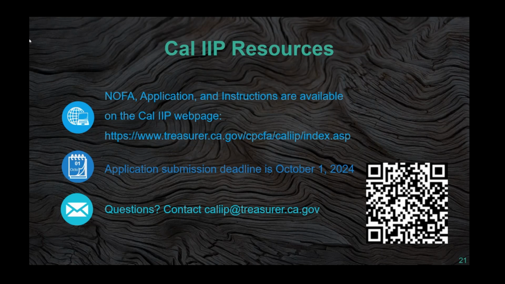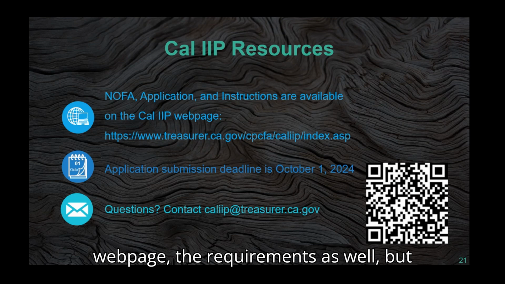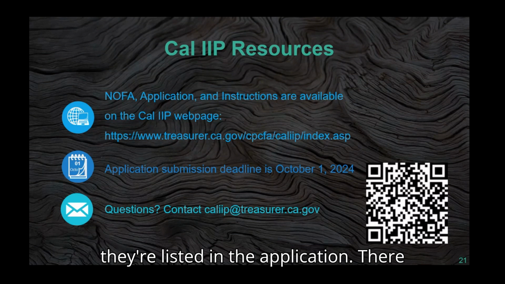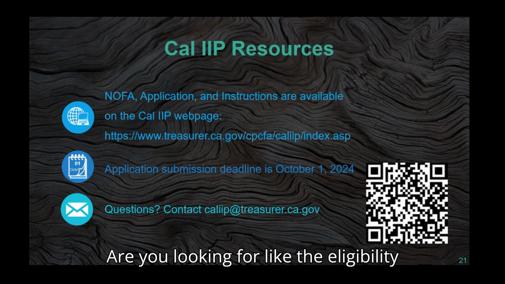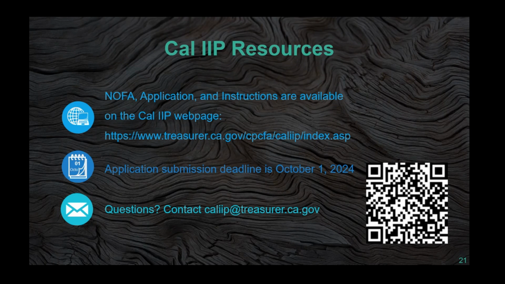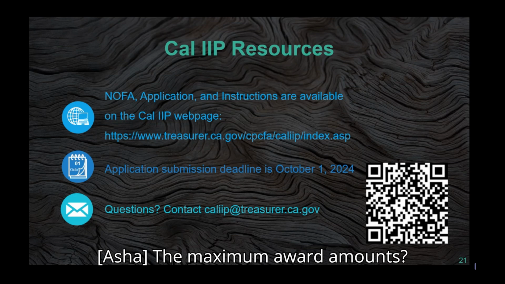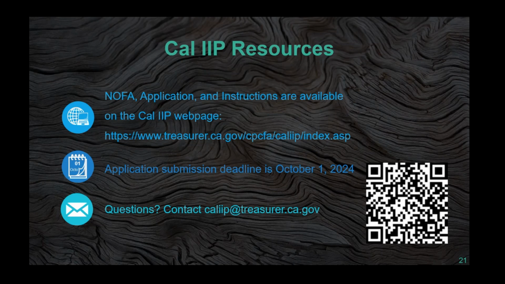We have the requirements on the CalIP webpage as well, and they're listed in the application. There are sections in the statute and in the regs. Are you looking for the eligibility numbers or the award numbers? The maximum award amounts. Oh, the maximum award amounts are in our regulations on our webpage, but I can go over them with you.